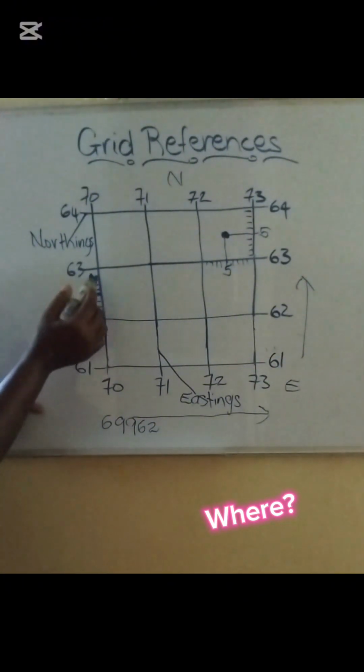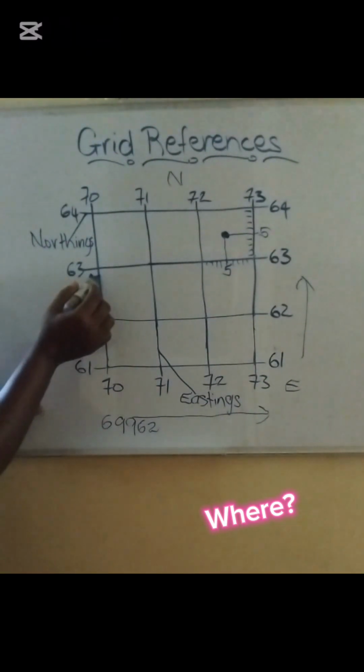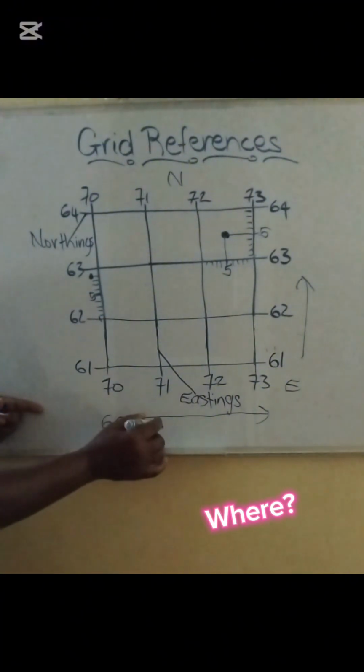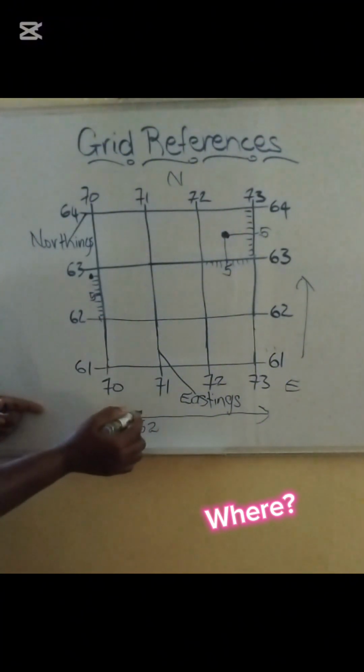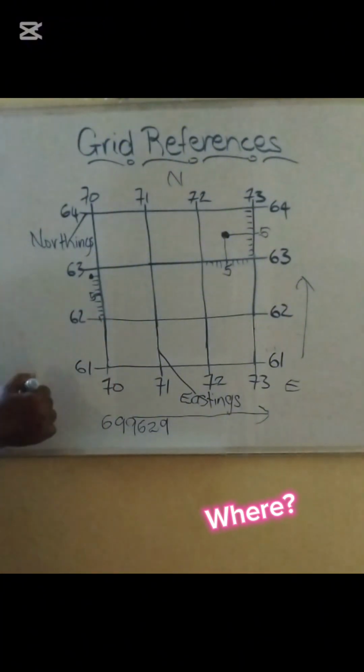Okay, they're not completely equal in segmenting it, but you can do that even better than I'm doing it. Okay, right, and sometimes it can be 1 in, 1 out. So that would be 62, 9. Okay, so that would be the 6-figure grid reference for the school.